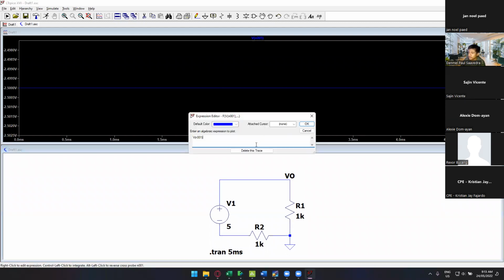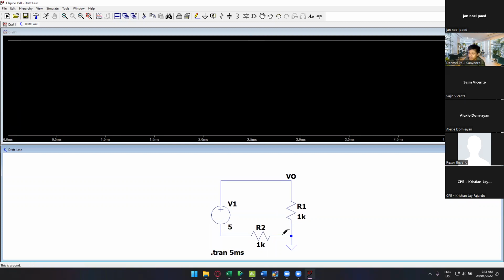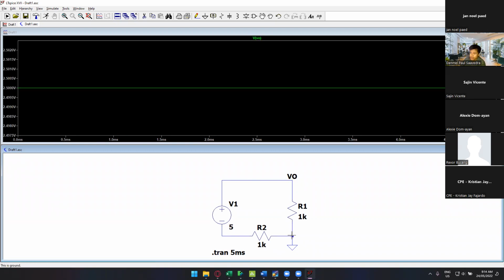Let me just delete this one. We cannot measure the voltage output anymore as soon as it passes this resistance. The only thing that we can do is measure the voltage drop, from this point to this point, or from this point to this point.